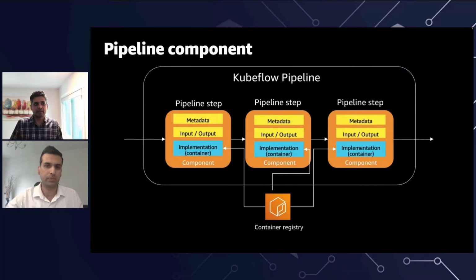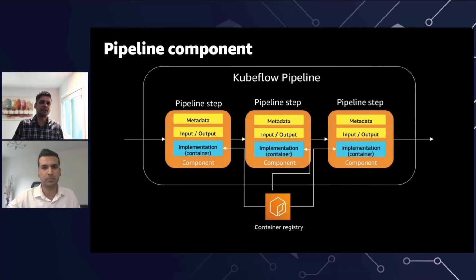So what is a pipeline component, right? When we talk about Kubeflow pipeline, it is constructed out of pipeline components or pipeline steps. That essentially means these individual steps can be implemented as a Docker container, and they contain the actual code for doing one of the functions in a machine learning workflow, right?